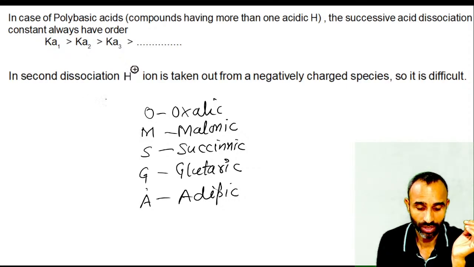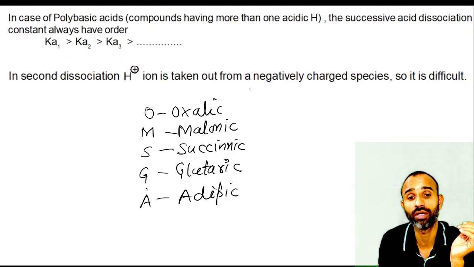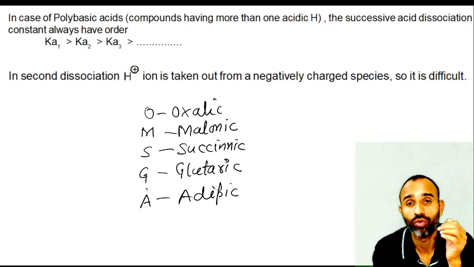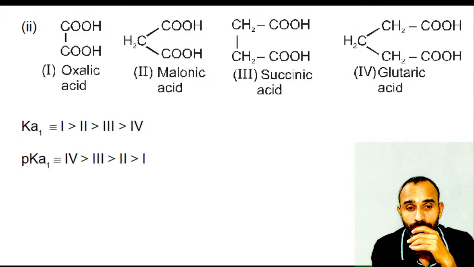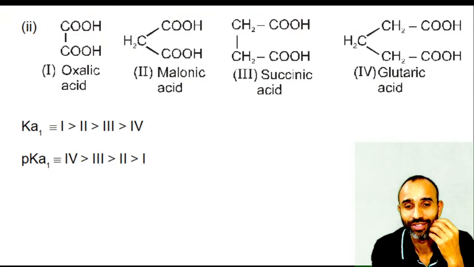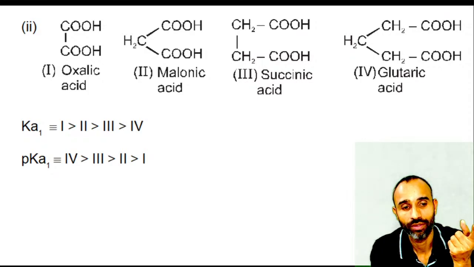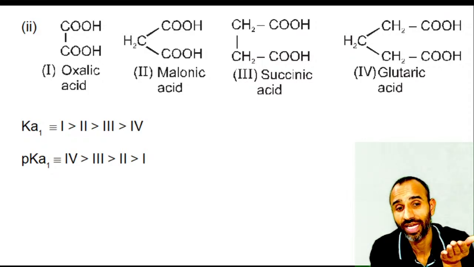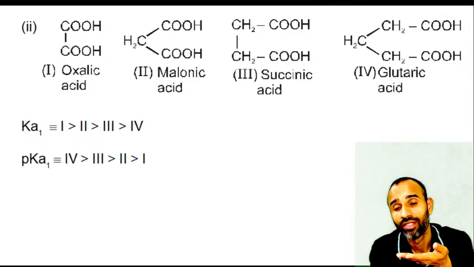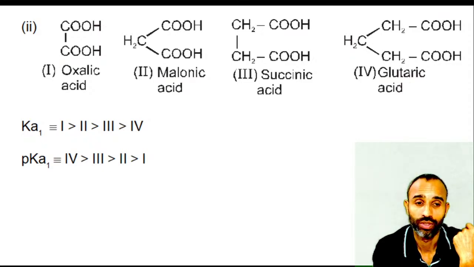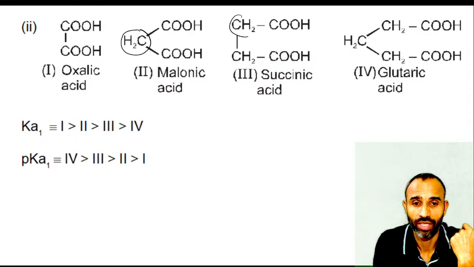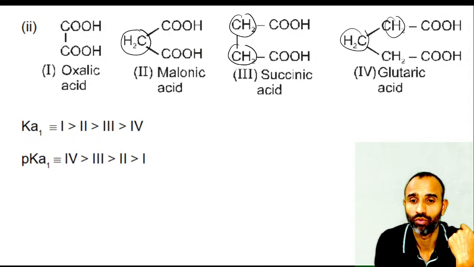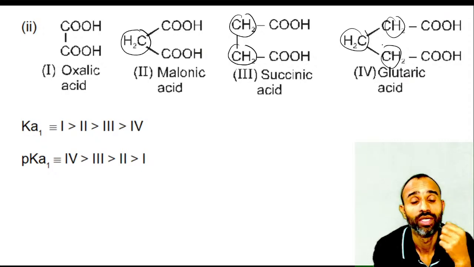So that's written, second H plus ion is taken out from a negatively charged species, so it is difficult. Okay, it is already written. So Ka1 of first is greater than second, second is greater than third, third is greater than fourth, because they are releasing groups, more number of carbons, more releasing effect, and less acidic strength.